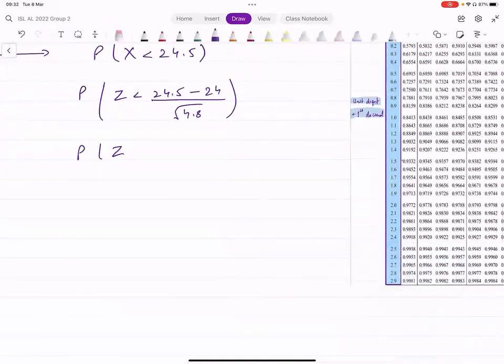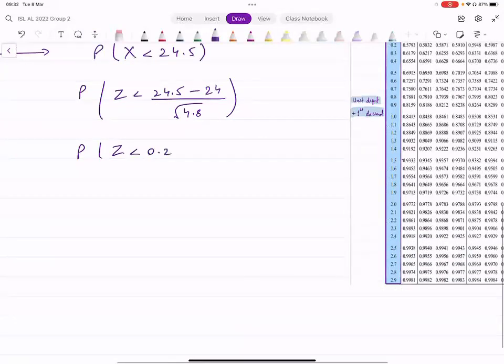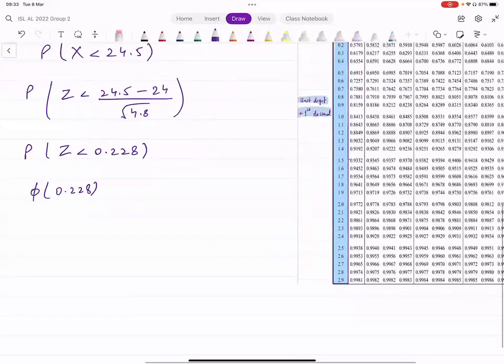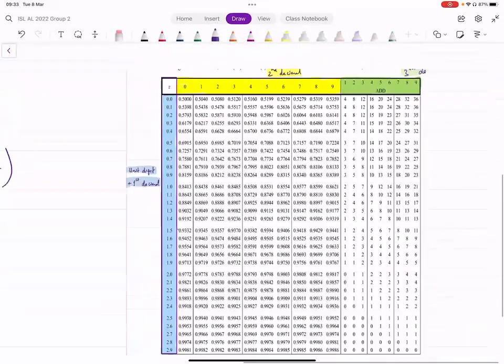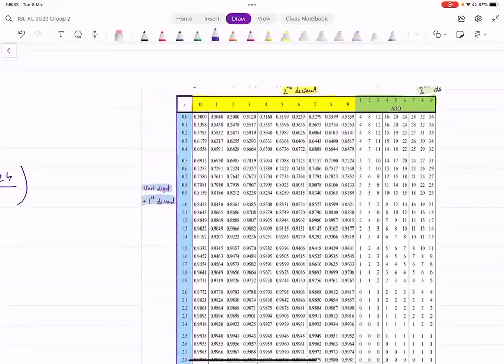So z less than 0.228. It's already in that form, z less than something positive, so we don't need to change anything. You can directly go and look it up. So we're looking for phi of 0.228. You have to find this. Where z is 0.228, what is the probability? 0.2 and then 2, that is 0.5871.